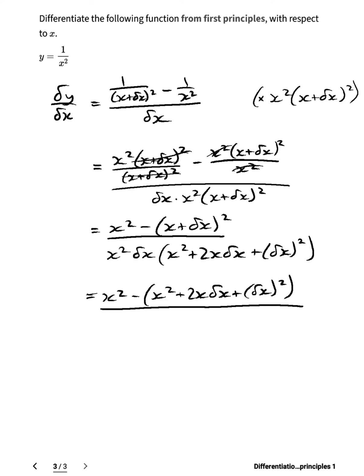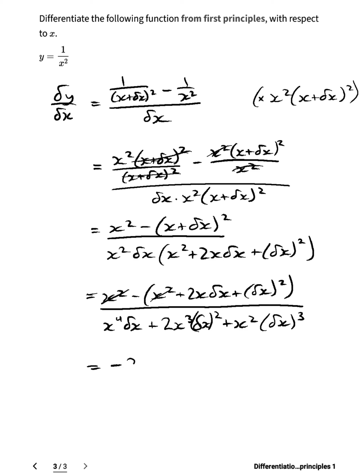Let's multiply this out as well. So we get x to the power of 4 delta x plus 2x cubed delta x squared plus x squared delta x cubed. Right, so luckily we got x squared and x squared, they cancel.